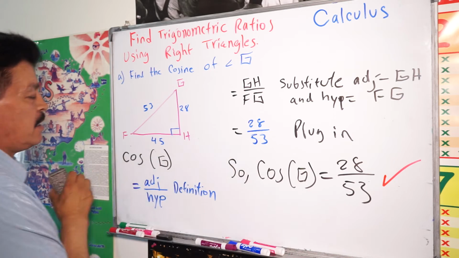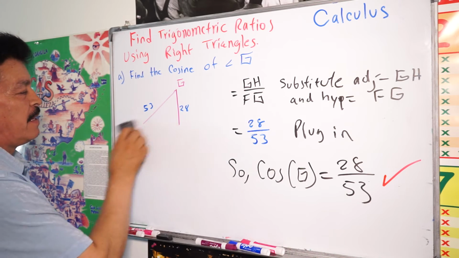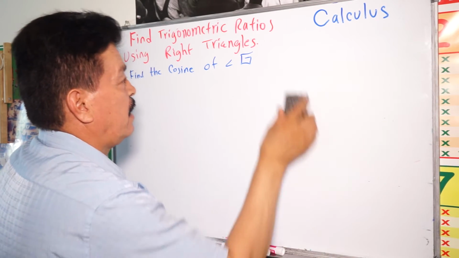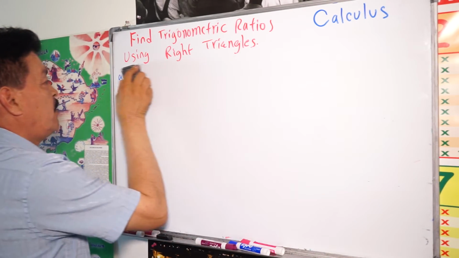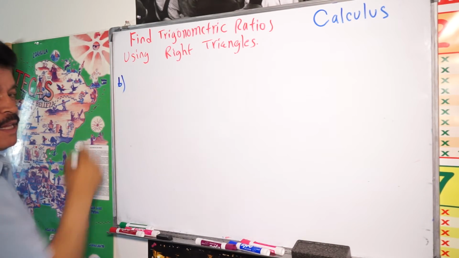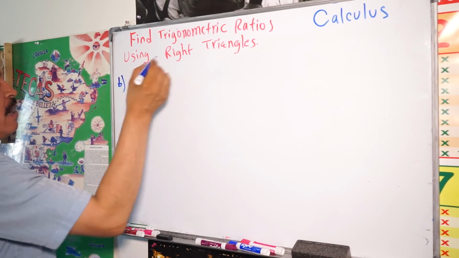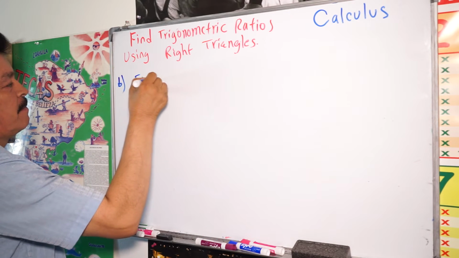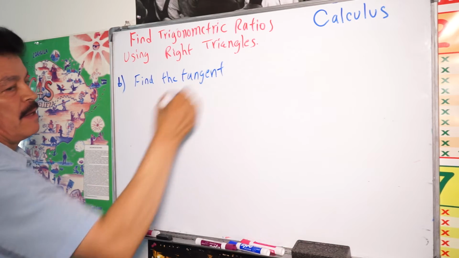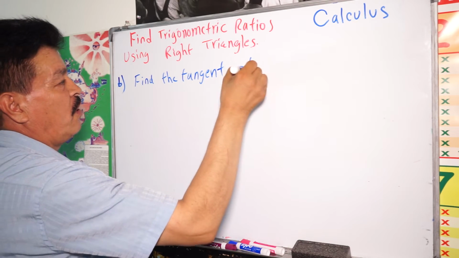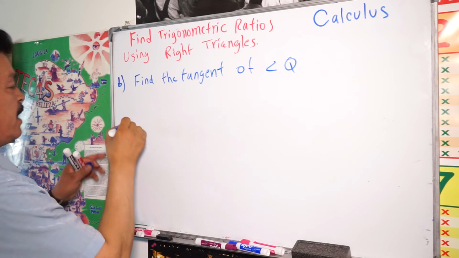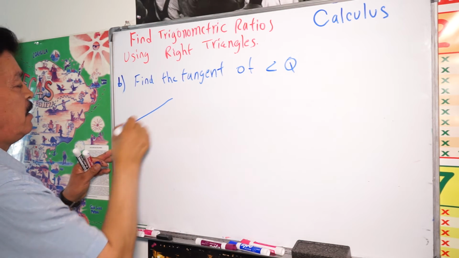Let me erase this problem, and let's find the answer to a different problem. For part B, let's find the tangent of angle Q in this right triangle.